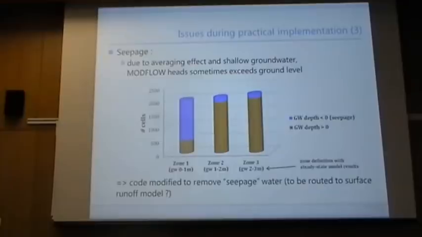At that stage we just remove this water from the surface. We do not use any runoff model to capture that water. So this might also induce this oscillatory behavior for that zone.